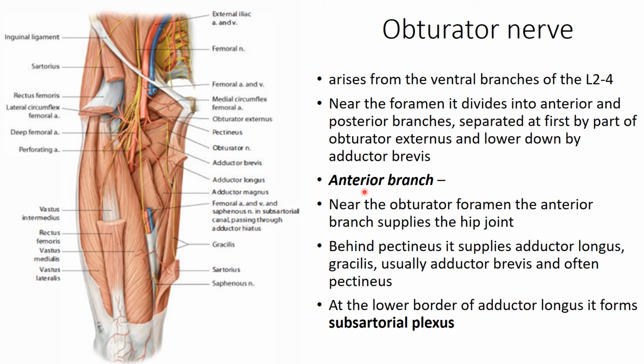So anterior branch first, near the obturator foramina, it gives a twig to the hip joint.